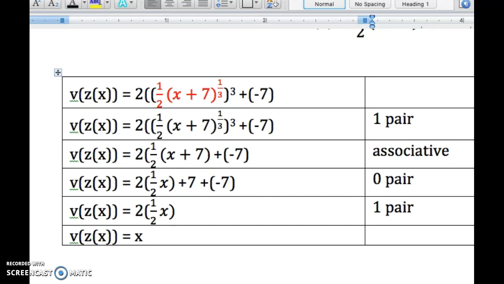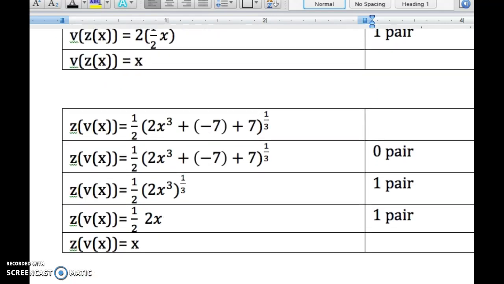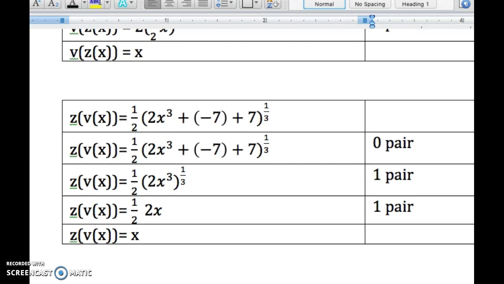So then I attempted to do it the other direction, z of v of x.